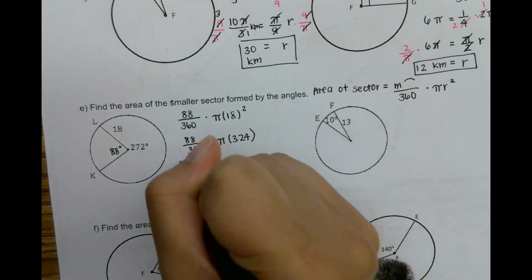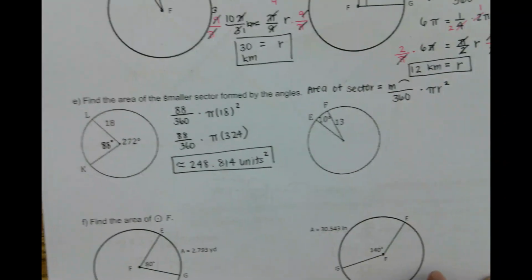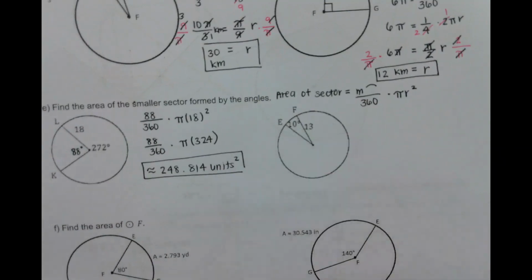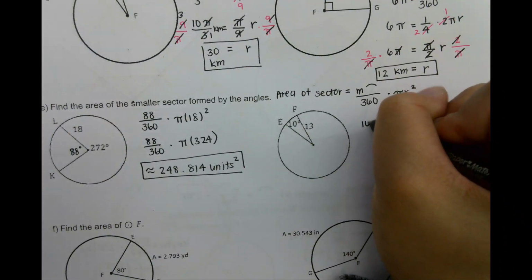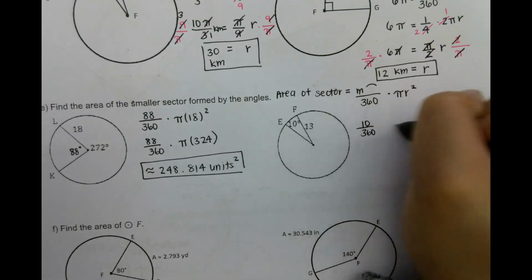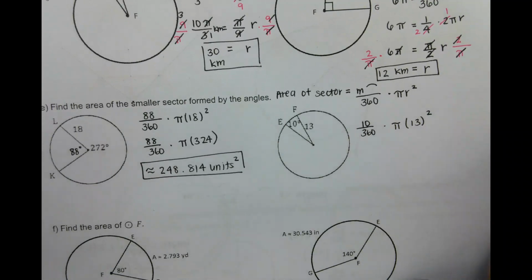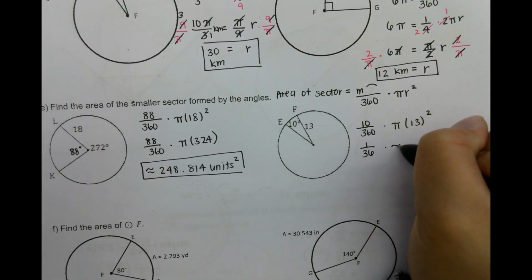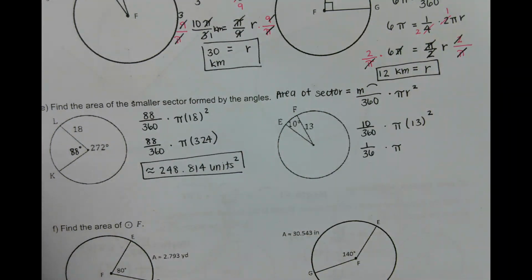Okay. So next one here, again, smaller sector. So this is definitely the smaller sector. It's 10 degrees. So 10 out of the 360 times pi. Radius is 13 and then square. Okay, this is 1 over 36 if I simplified it. 13 squared is 169.